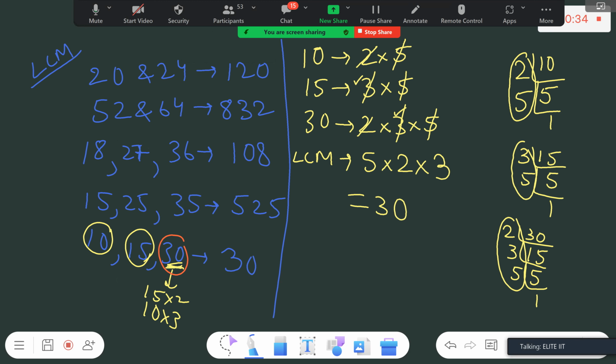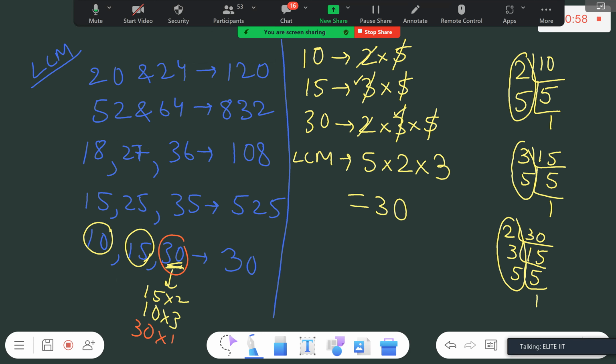So what will be the LCM of 10, 15, 30? 30 itself. The least common multiple of all three, because 30 is a multiple of itself, 30 into 1. The largest number is 30.